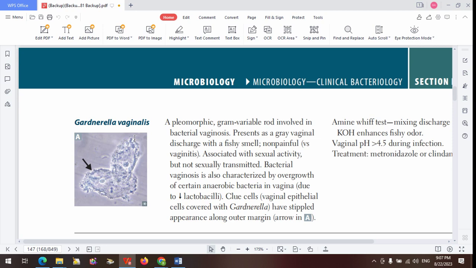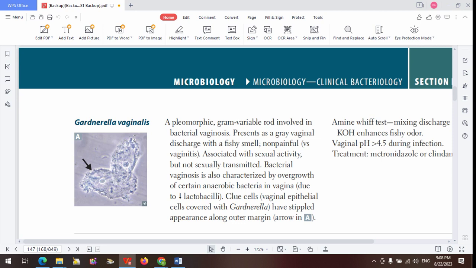By the time the lactobacilli is gone, there is no fermenting lactose to release acid, so the pH will now be more than 4.5, tending towards the alkaline range. That's why one of the components of the Amsel criteria for diagnosing bacterial vaginosis is vaginal pH more than 4.5. The whiff test is also positive. That's another criterion for making the diagnosis. So positive whiff test, vaginal pH more than 4.5.